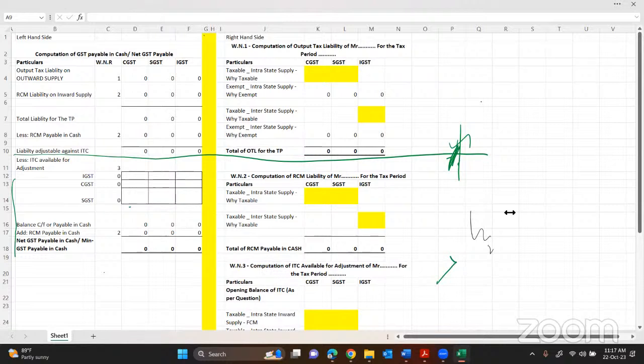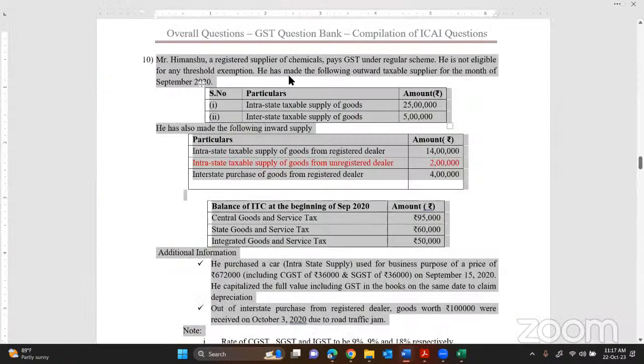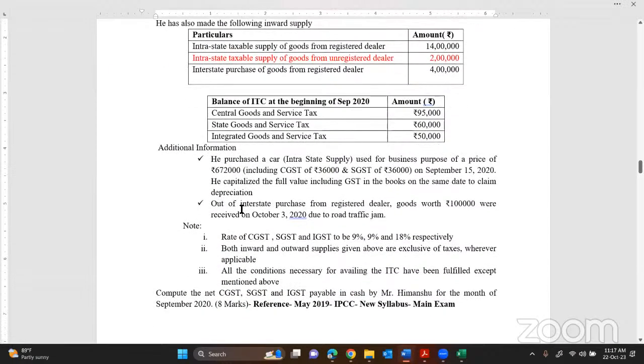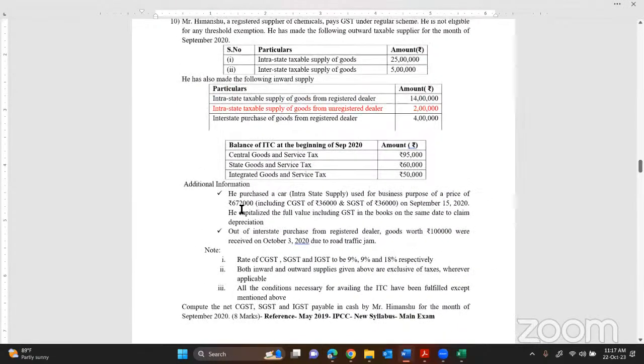Okay, let's substitute numbers. You'll appreciate it more. Guys, I'll straight away take you to one of the popular problems. Himanshu. So this is a problem wherein the question is: compute the net GST payable and tax. 8 mark question.